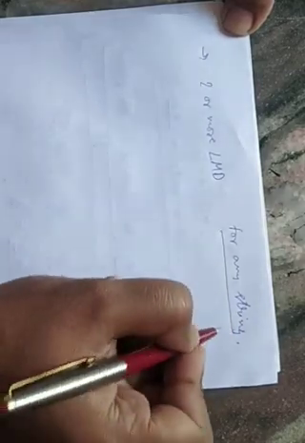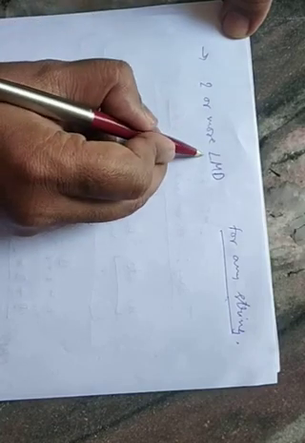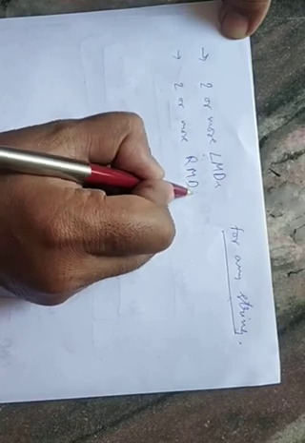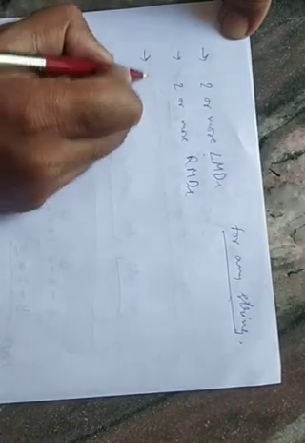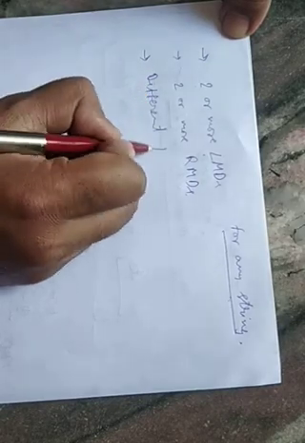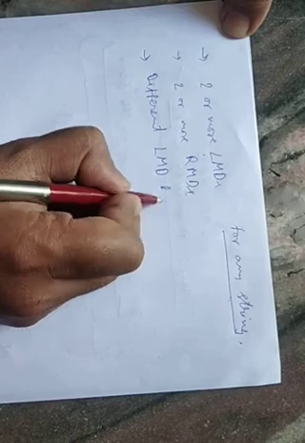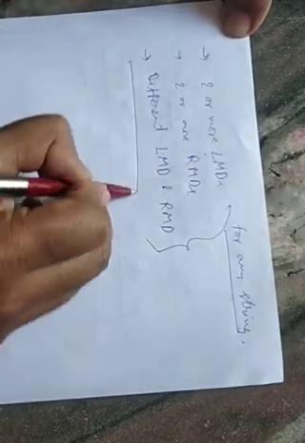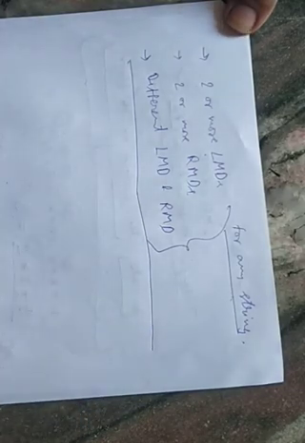Be careful, you need to choose the string. If you are able to generate two or more LMDs, two or more RMDs, or different leftmost derivation tree and rightmost derivation tree, then you can say that the grammar is ambiguous.